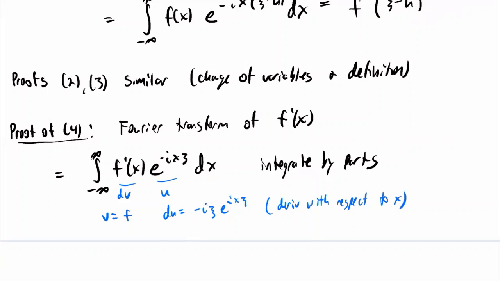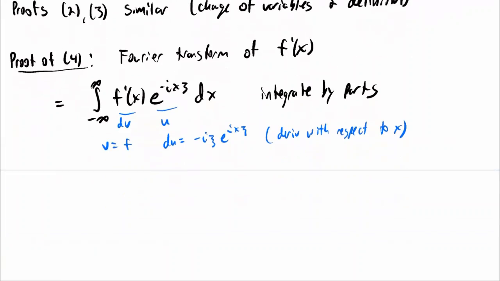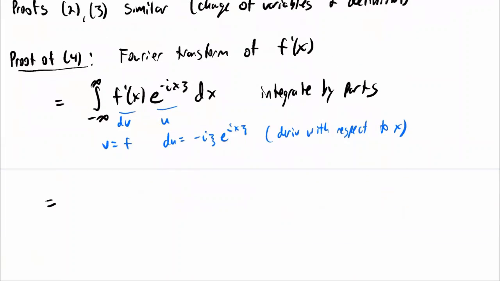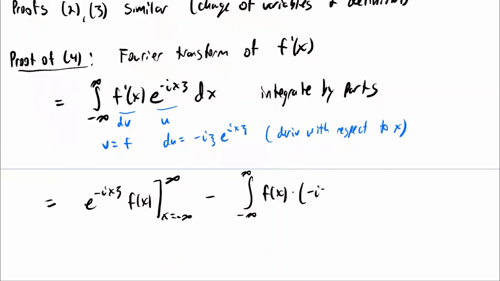Okay, and so if we apply the integration by parts formula, we end up with uv, which is e to the minus ixc f of x, with x ranging from minus infinity to infinity, minus the integral from minus infinity to infinity of v, which is f of x, times du, which is minus ic e to the minus ixc dx.